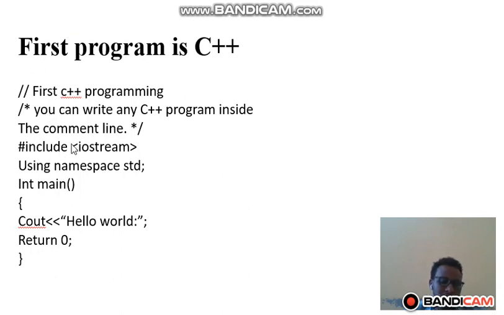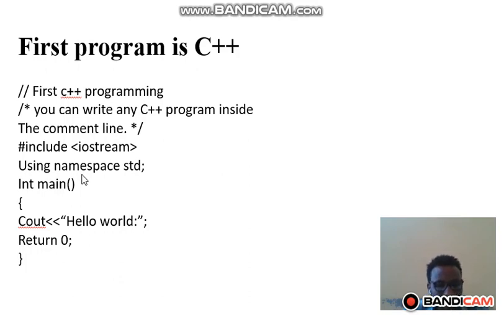Include iostream means input-output stream. That means the program becomes ready to accept inputs from external users and is ready to display the output on the console screen.